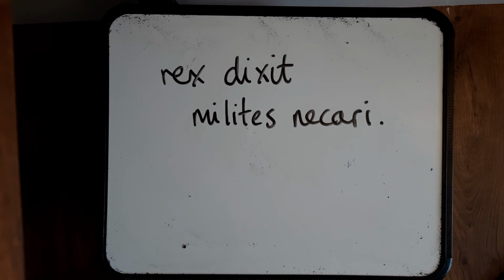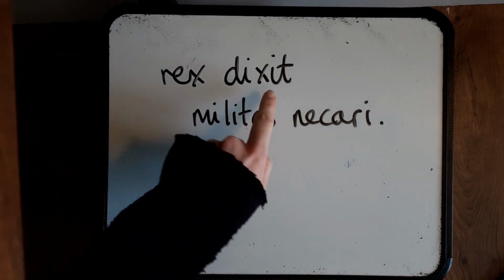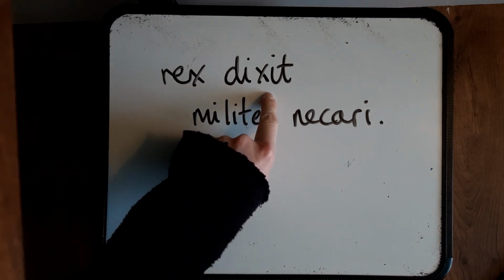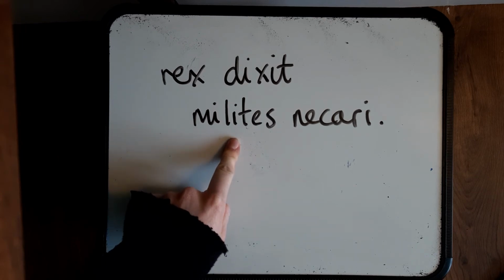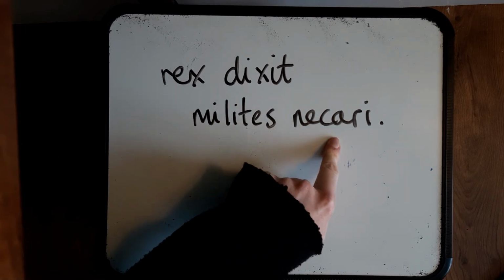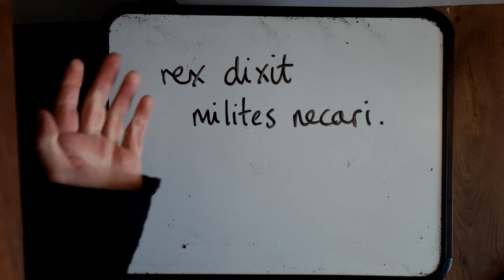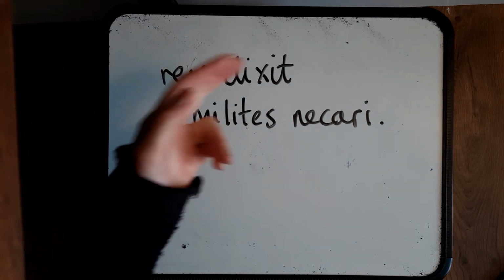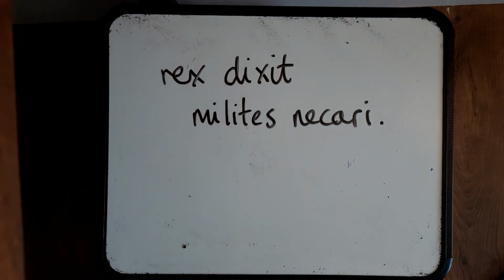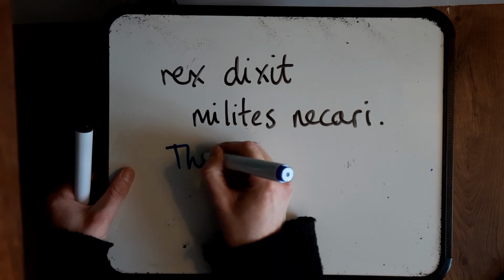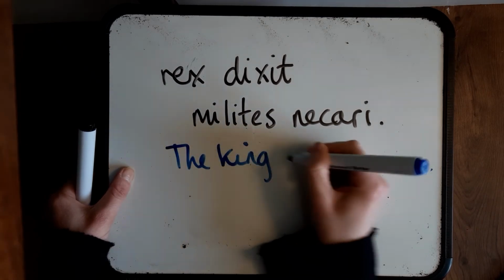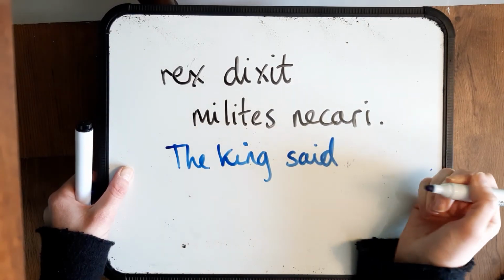Okay, so here we've got our king, we've got the perfect tense, said, we've got the accusative, soldiers, and we've got the passive infinitive, to be killed. Obviously, we know we can't translate it as the king said the soldiers to be killed because that doesn't make any sense. So we start with our indirect statement construction. So the king said, all very simple so far.